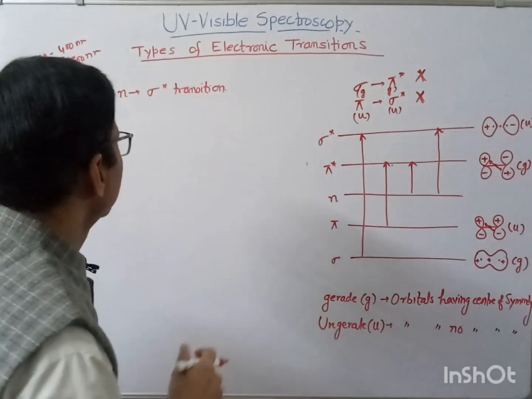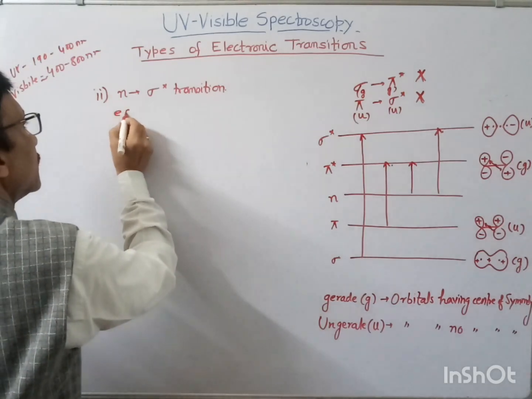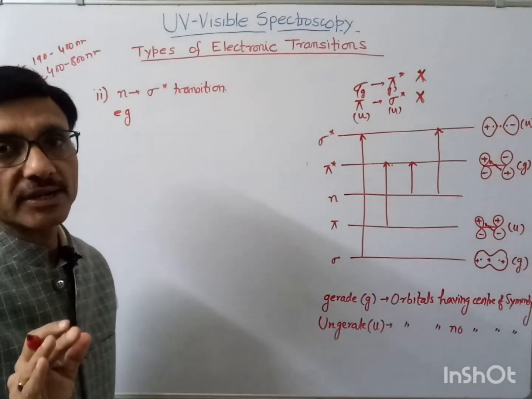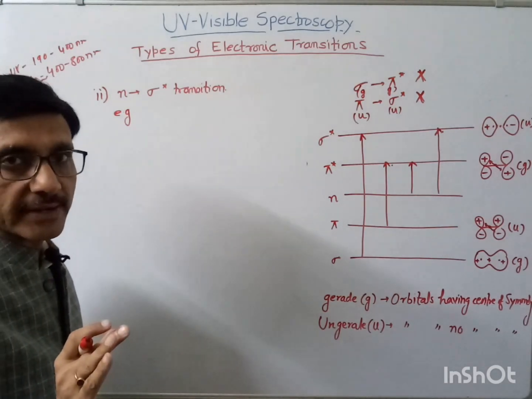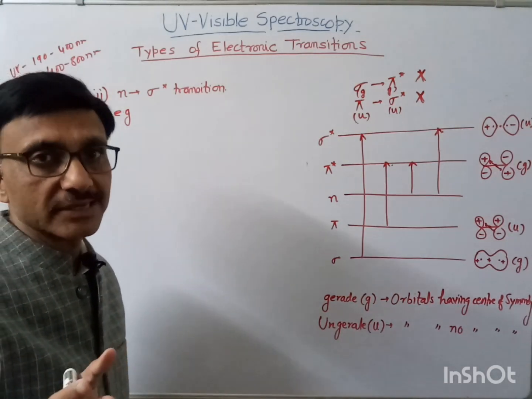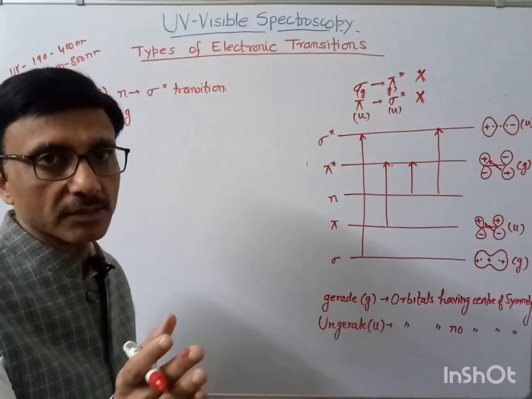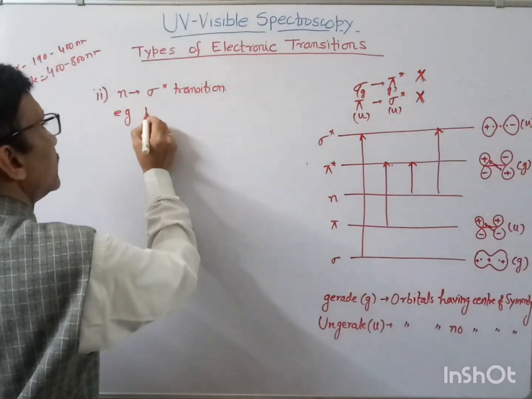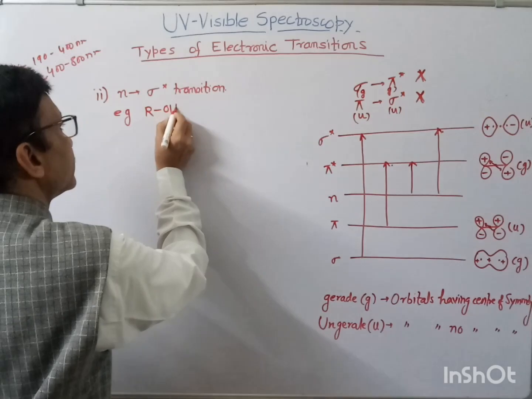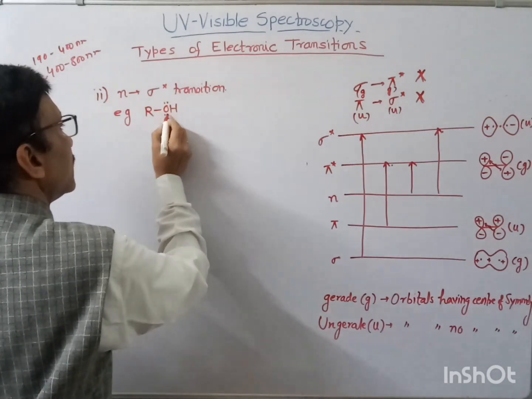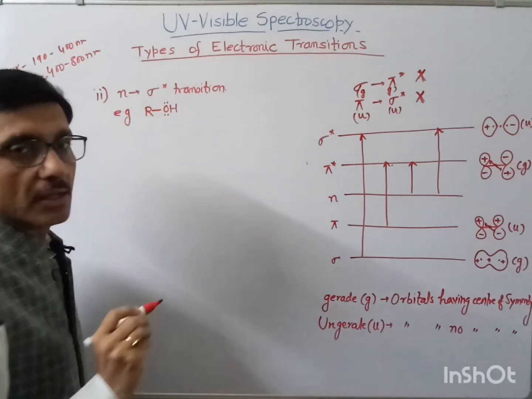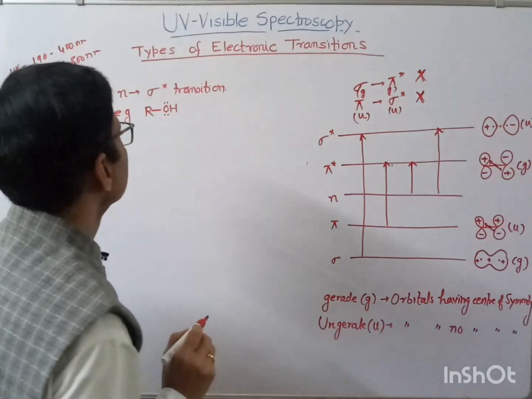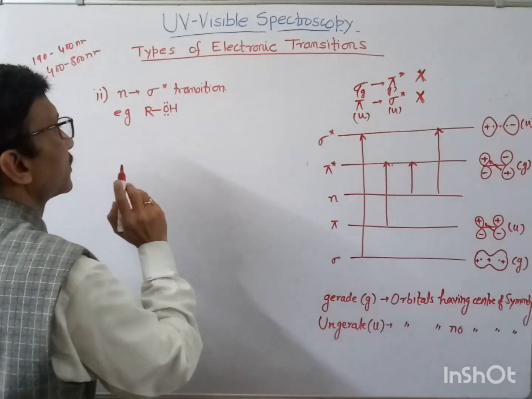So one of the heteroatoms should be present in the molecule, linked with a single bond. For example, in an alcohol, the heteroatom has non-bonding electrons and there is a sigma bond, so n to sigma star transition is possible.